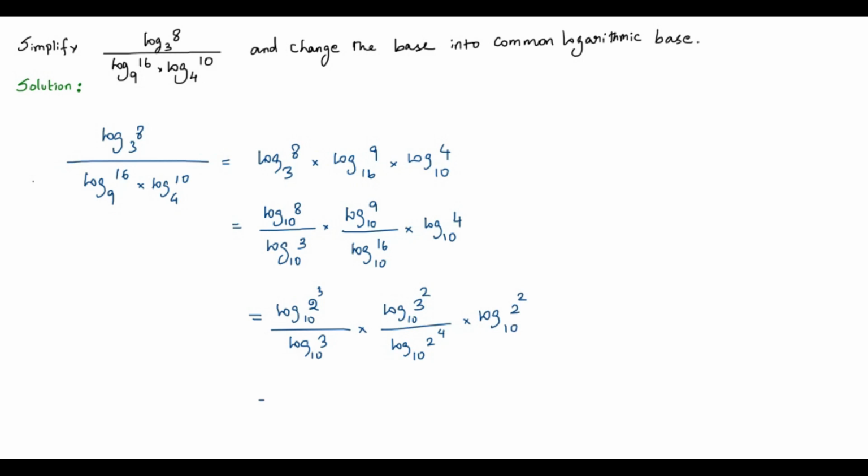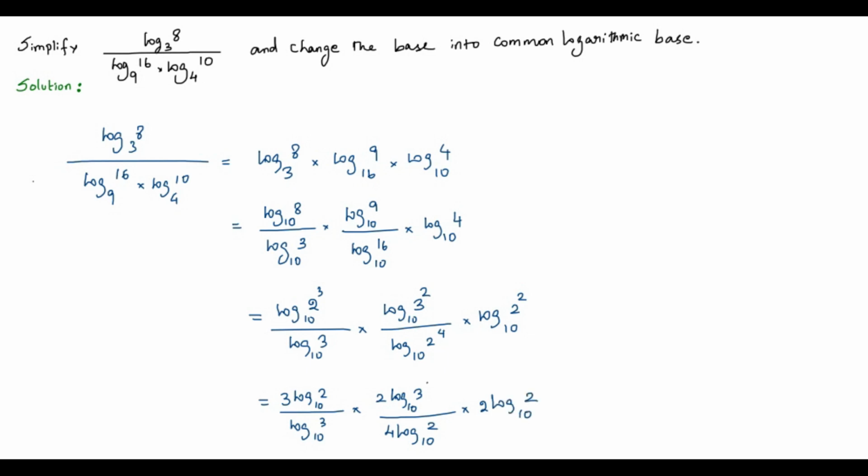In the next step we can use the fundamental law, that is 3 log 2 to the base 10 divided by log 3 to the base 10 times 2 log 3 to the base 10 divided by 4 log 2 to the base 10 times 2 log 2 to the base 10.